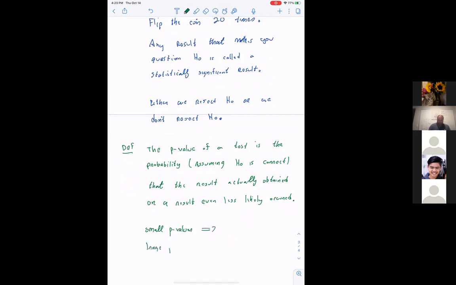And large p-values make us do what? What would you conclude if you get a small p-value? And what would you conclude if you get a large p-value?